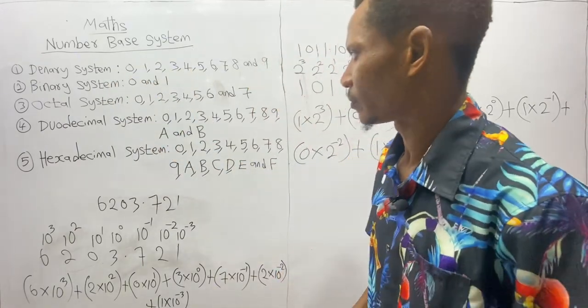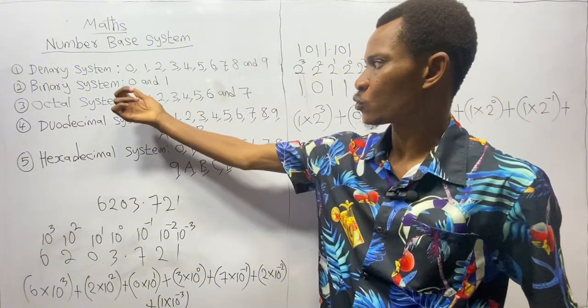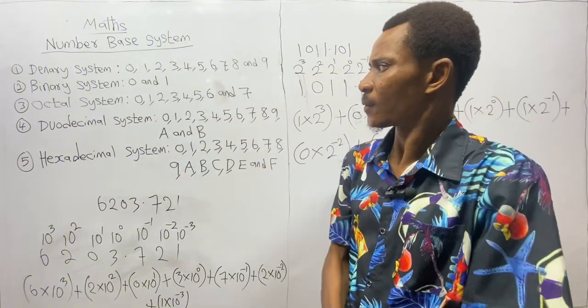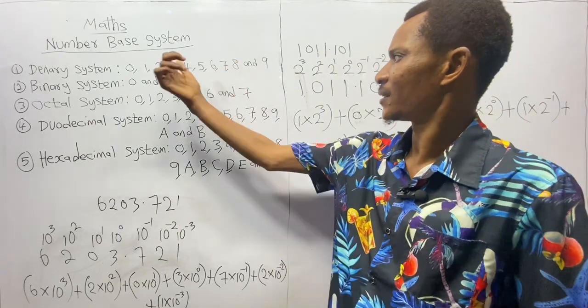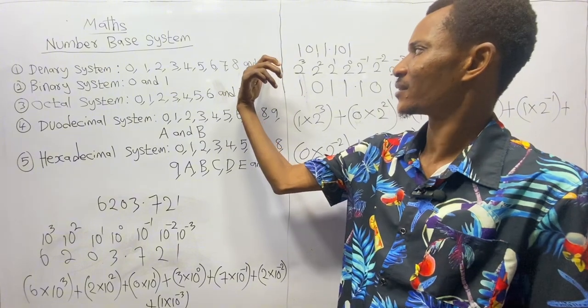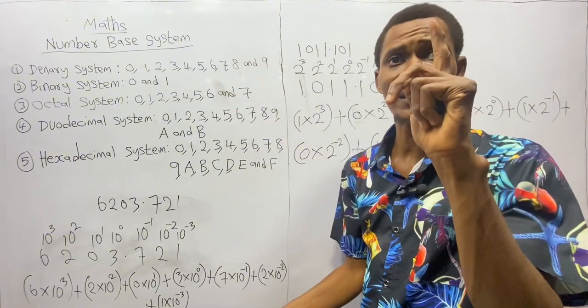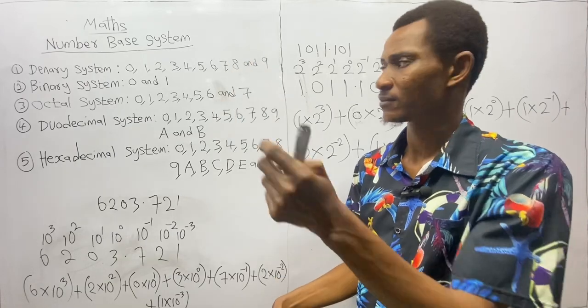Now what do you observe? For base 10, it was 0 to 9. For base 2, it was 0 and 1. You observe that for base 10, the greatest number here is 9, which is 1 less than the base number, 10.